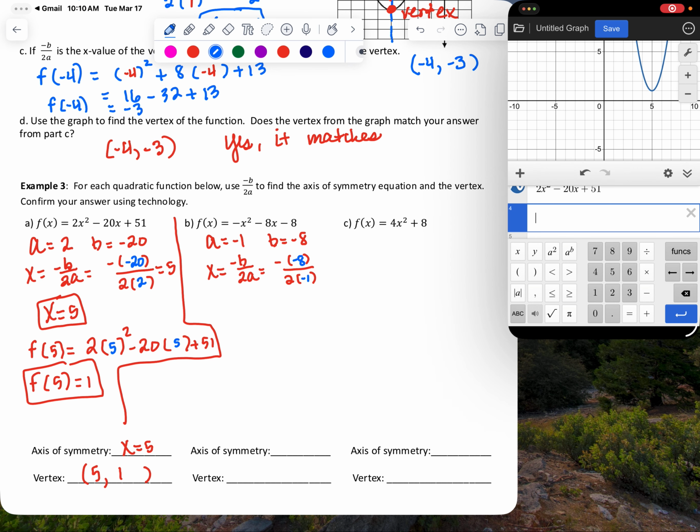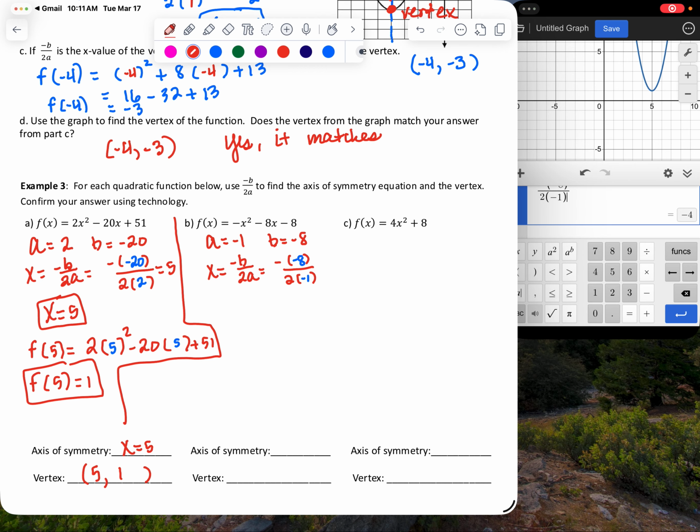All right, let's make a little fraction bar here, and on the top I'm going to put negative parenthesis -8, and on the bottom I'm going to put 2 parenthesis -1, and that gives me x equals -4. So there's your axis of symmetry. I'll write it on this line. And now I know the first number of my vertex is -4.